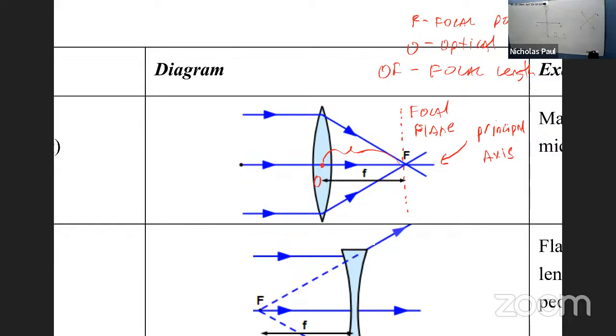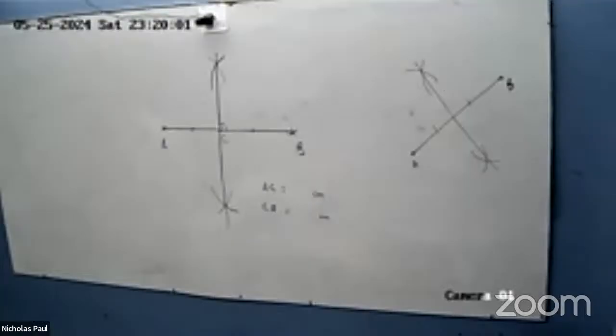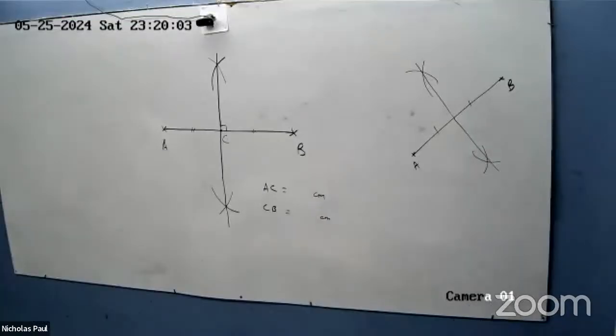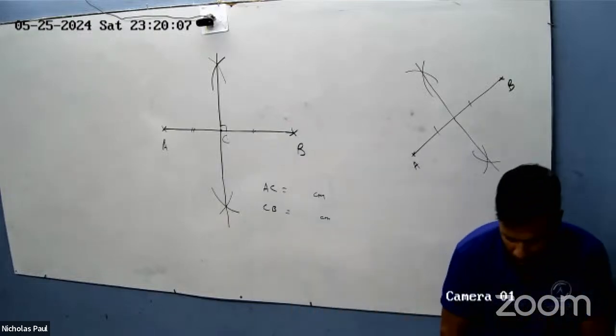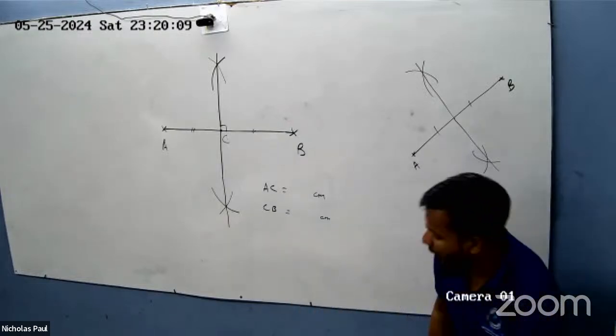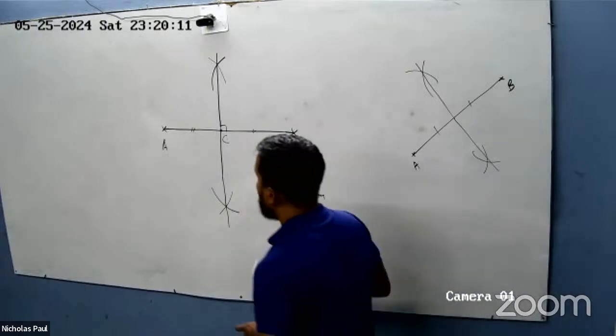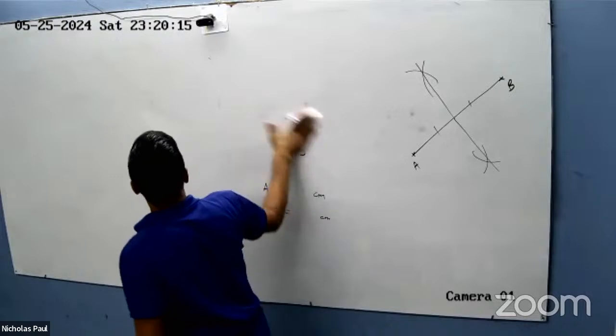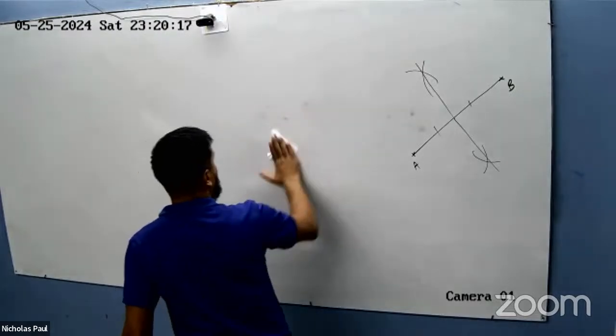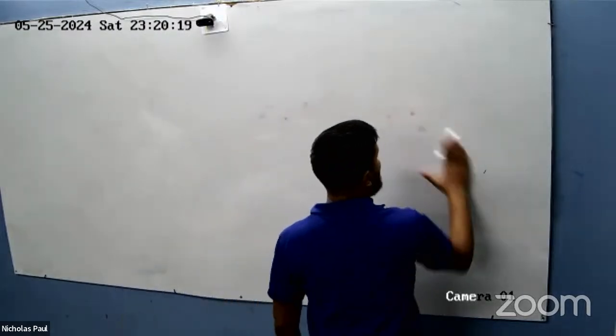Of course, we know that once light goes through a lens, the object should produce an image. What we're going to learn now is how to generate and obtain that image.